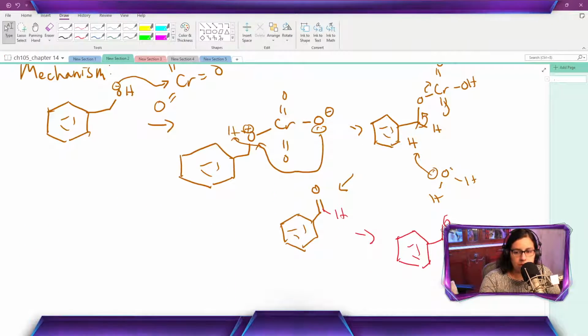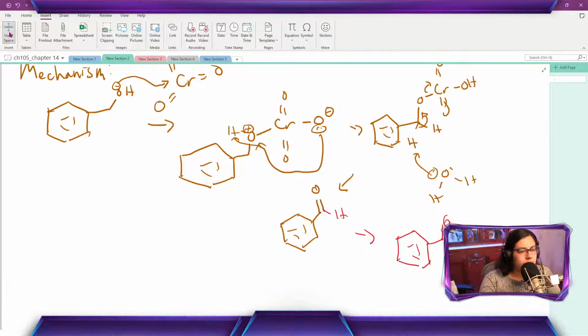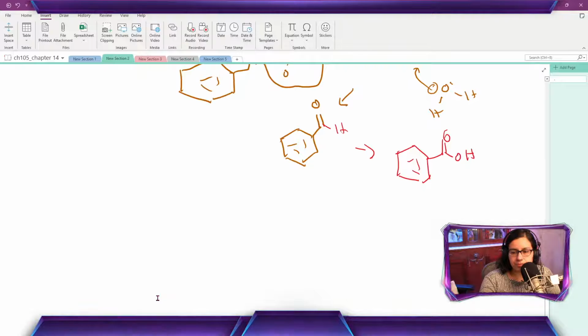So just a few other conditions you might see. There are a lot of oxidizing agents. If you have OH, so we have our cyclohexanol, and then there's this reagent that is called DMP.